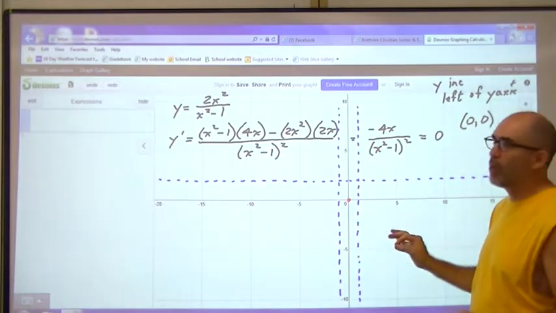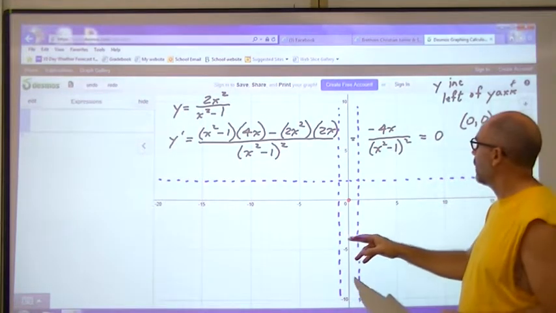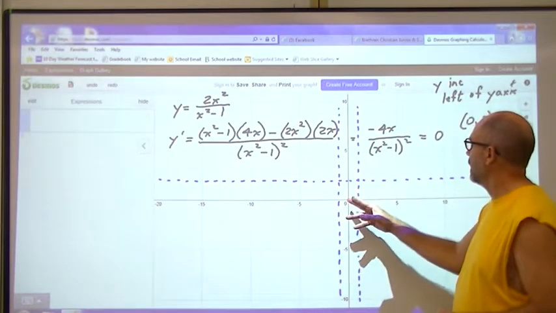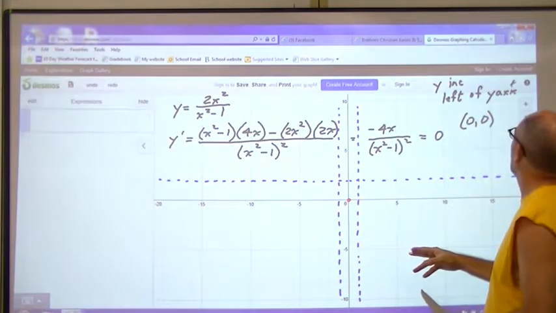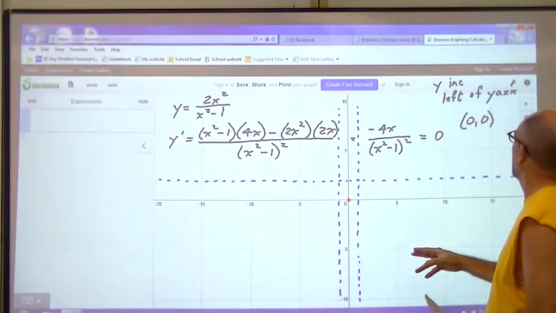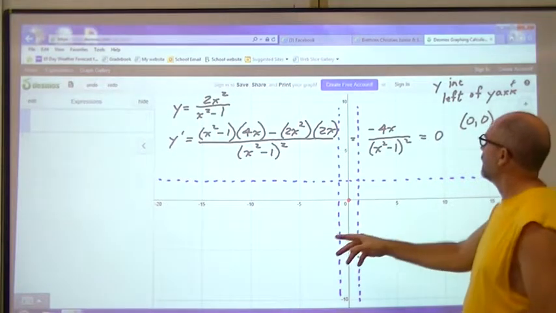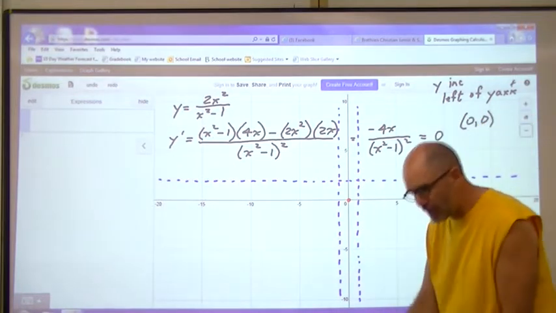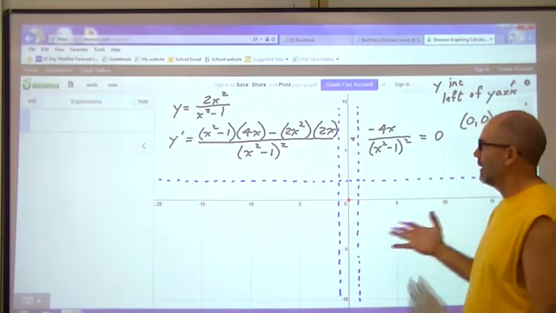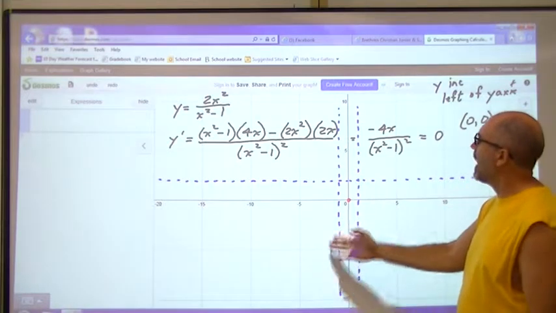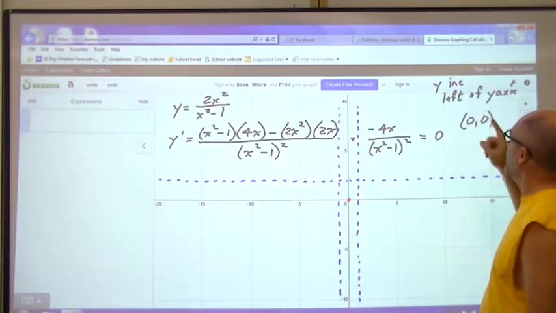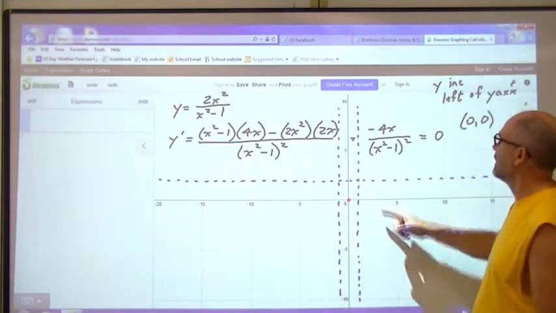It has to be a point of inflection because it's going from a positive slope, it's increasing. Oh, come on. Okay, it has to be a max because it's increasing to the left and then when it gets to 0, it begins to decrease.